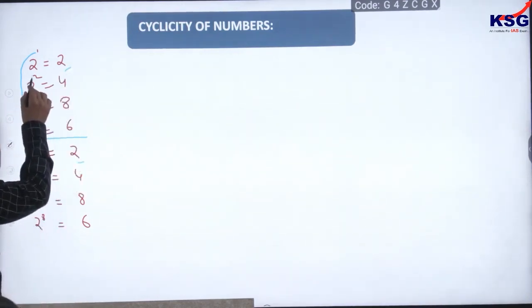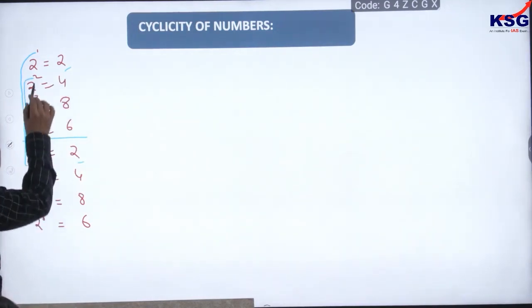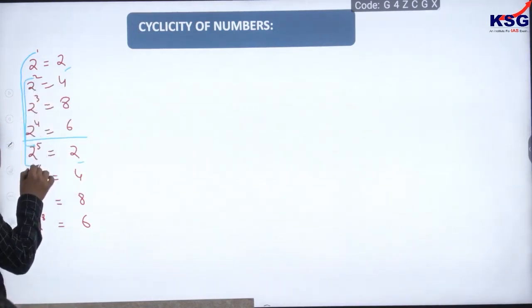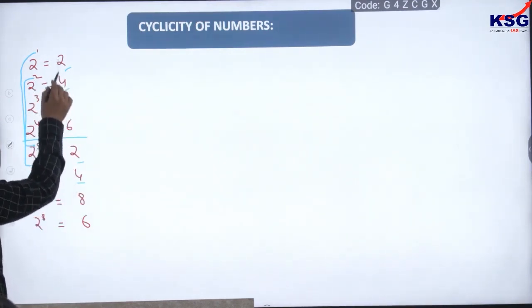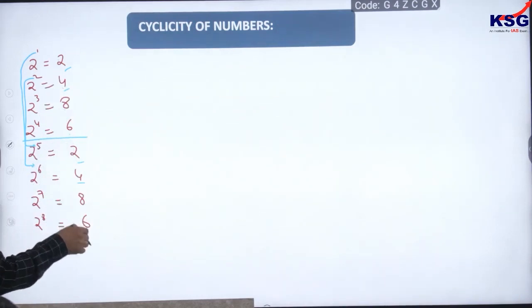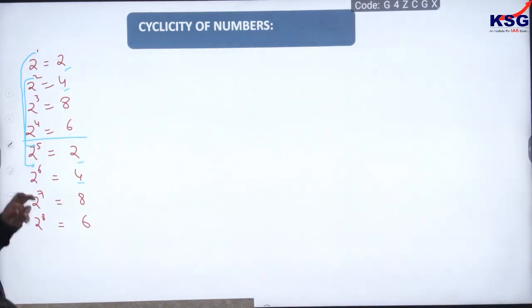Now similarly, 2 power 2 plus 4, 2 power 6. Again you have 4 here and 4 here. So 2, 4, 8, 6, 2, 4, 8, 6, 2, 4, 8, 6 will keep on repeating itself for every 4 powers. So there is a group of 4 powers, and these 4 digits will keep on repeating themselves after every 4th power.